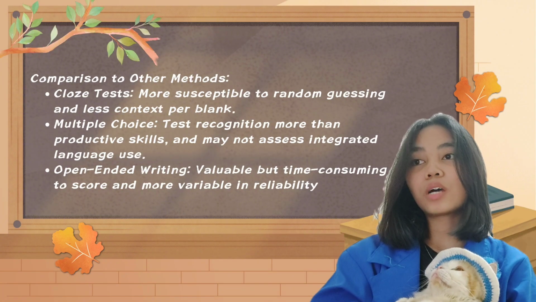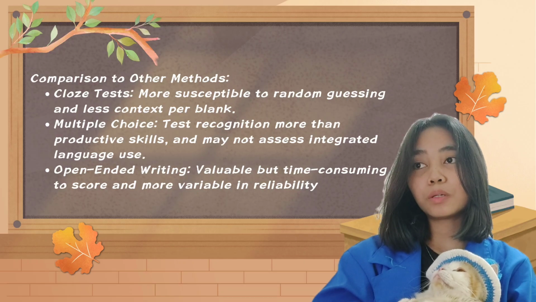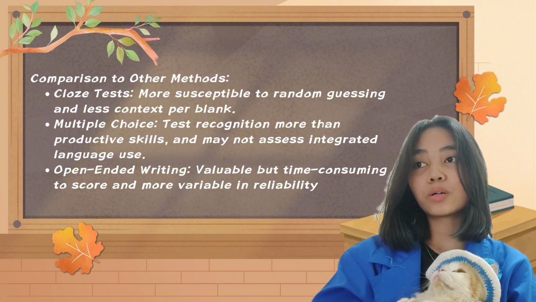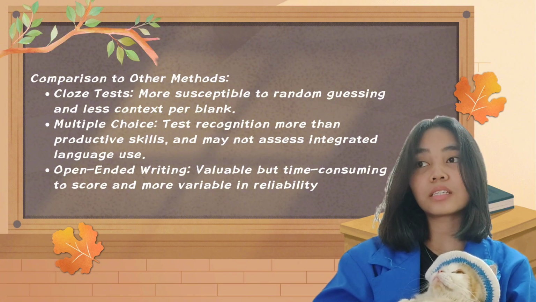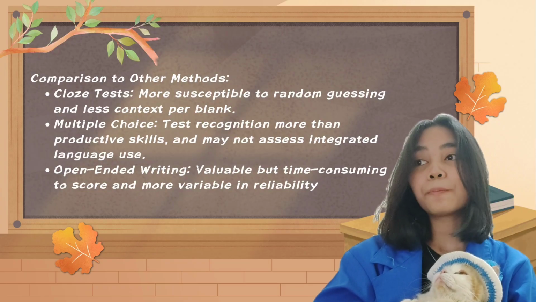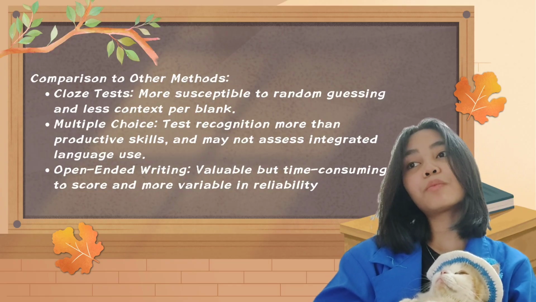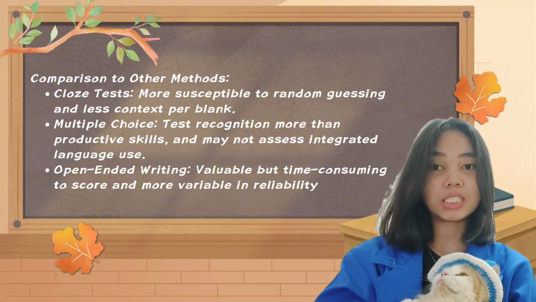Next, comparison to other methods. Closed tests are more susceptible to random guessing and give less context per blank. Multiple choice tests recognition more than productive skill and may not assess integrated language use. Open-ended writing is valuable but time-consuming to score and more variable in reliability.